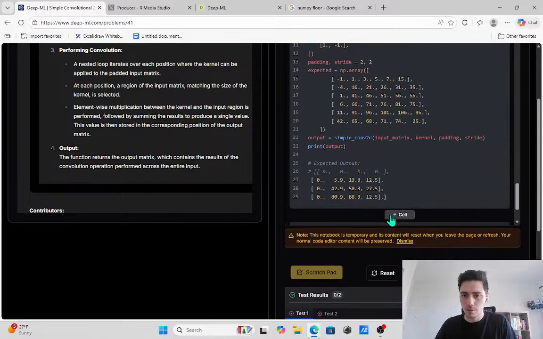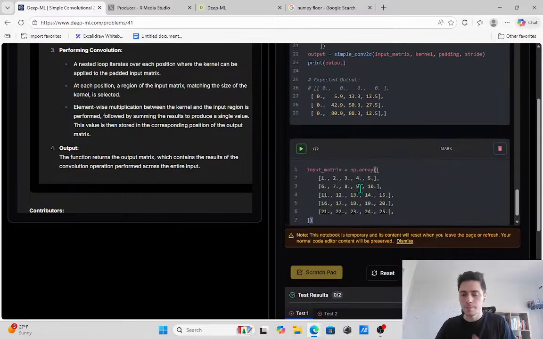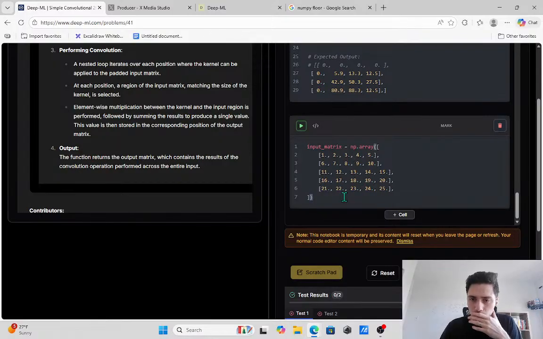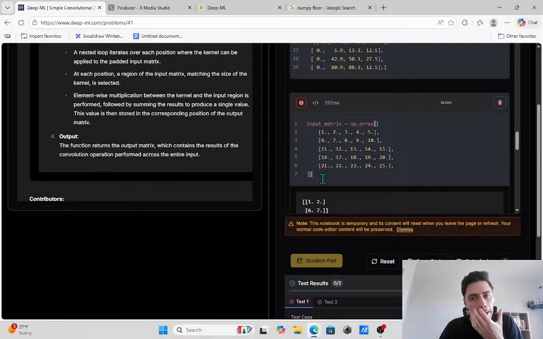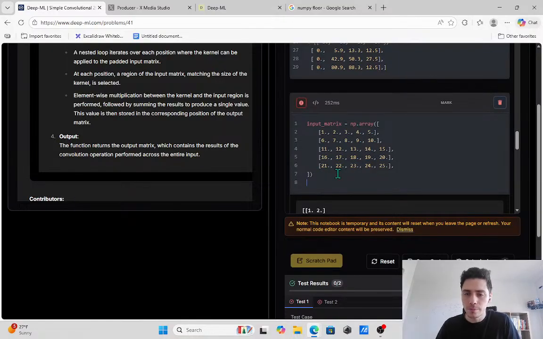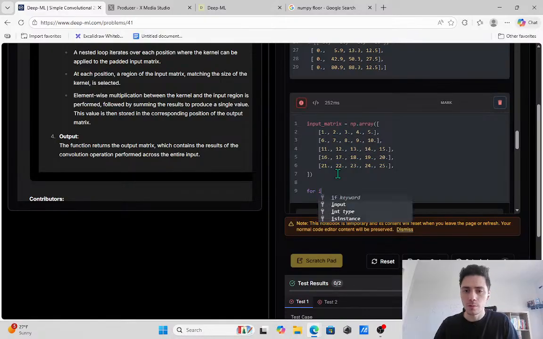Fix the cells. Okay. But we basically want to find range length.